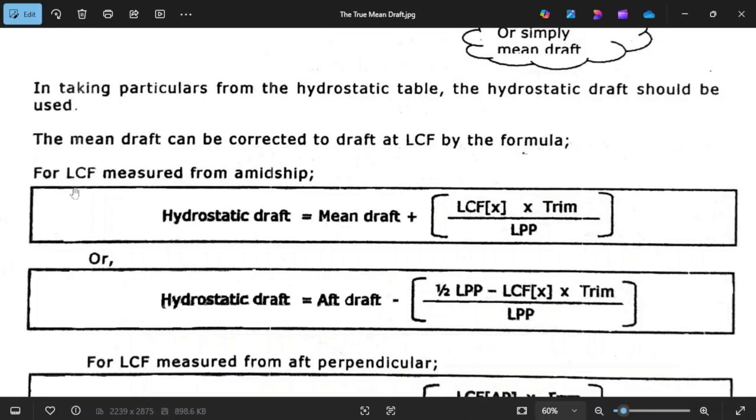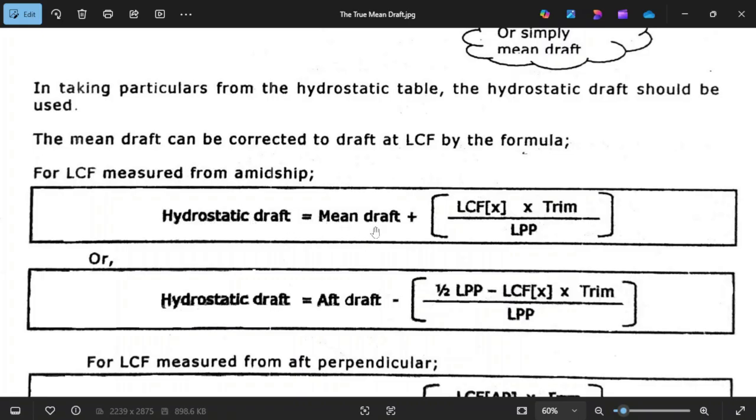For LCF, longitudinal center of flotation, measured from amidship. So hydrostatic drop equals mean drop plus LCF times trim over LPP, to get the hydrostatic drop.